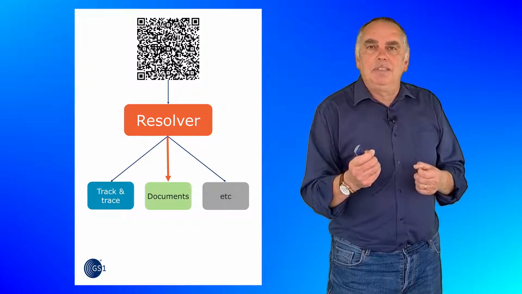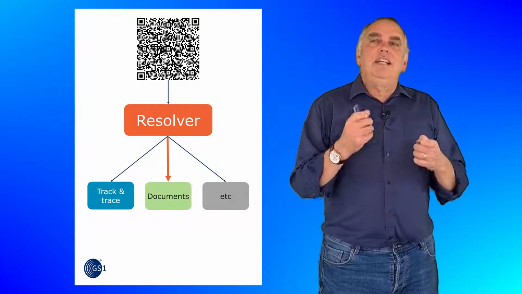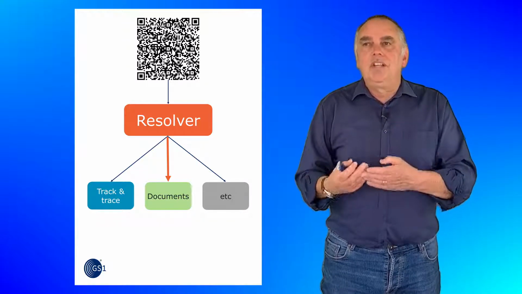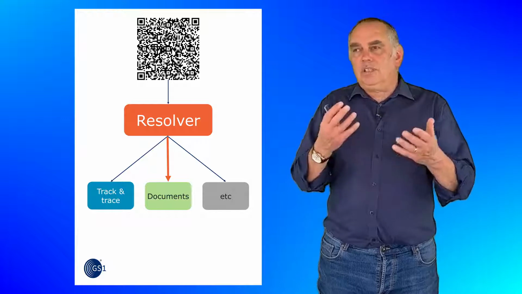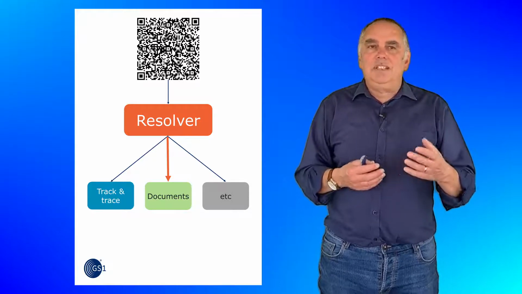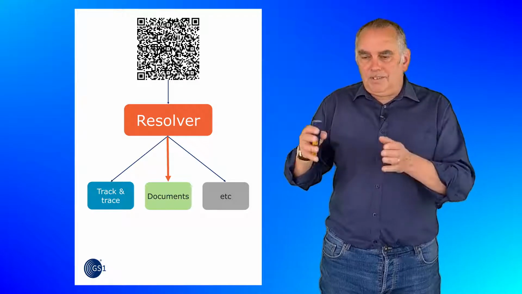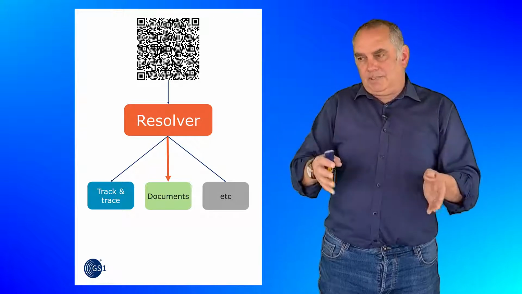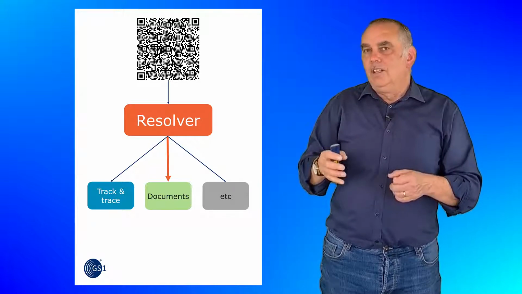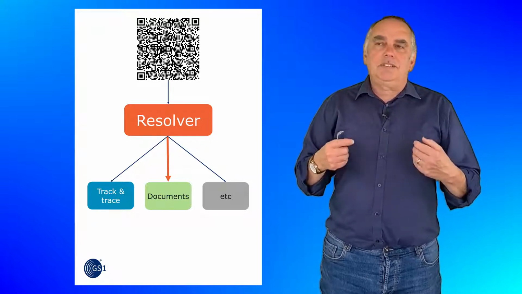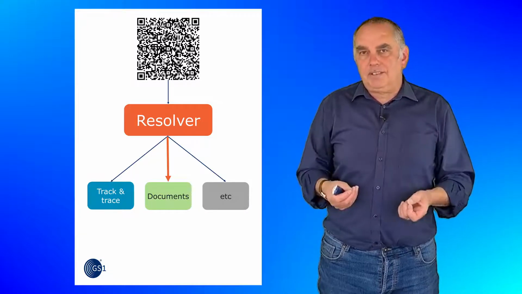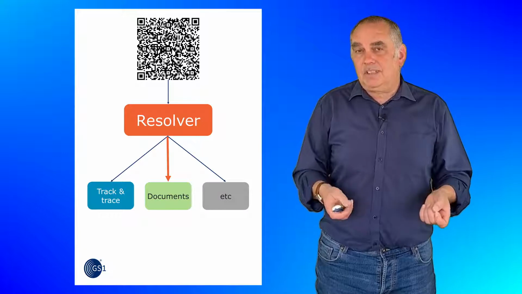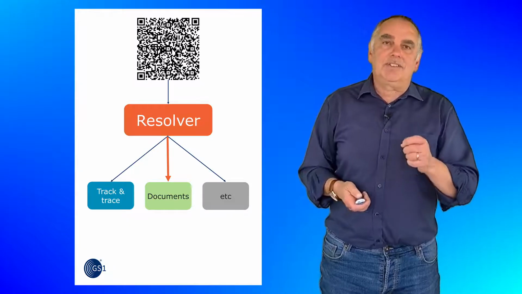That same GS1 Digital Link app can also work with those. So you can find out the maintenance history, you can find out who to call if it goes wrong, you can find out not just where the shipment is, but where the pallet is, where the container is, all those things. Because the same system operates for anything that carries a GS1 identifier, and not just the shipment.